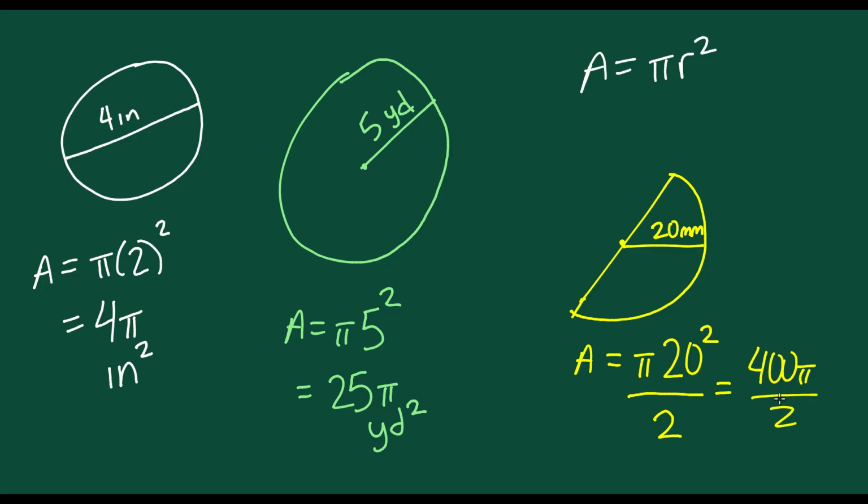And 400 divided by 2 would be 200 pi millimeters squared. This would be the area of this semicircle.